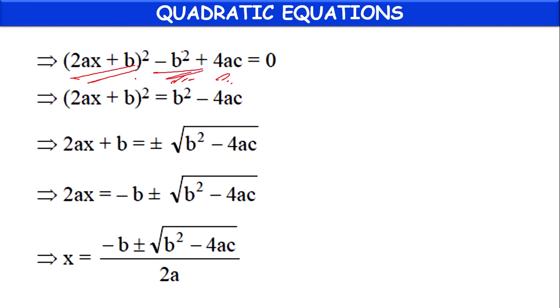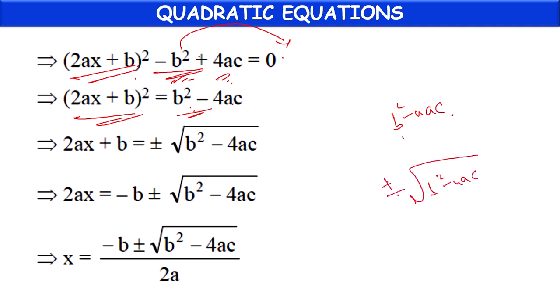So if you take this to the right hand side, it will become plus b square minus 4ac. So we have a square root here. Already I have told, if we have b square minus 4ac, we can keep the root, we can keep plus or minus, and we can take the whole square. Its value does not change.